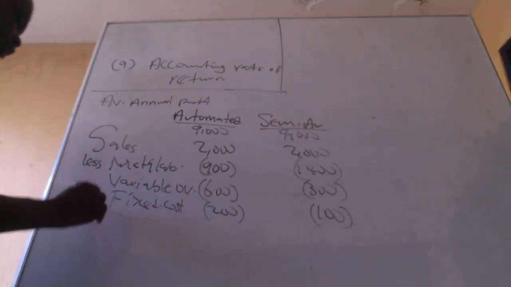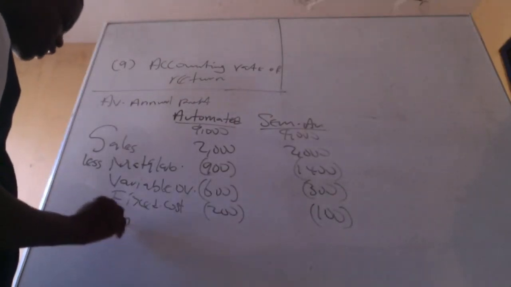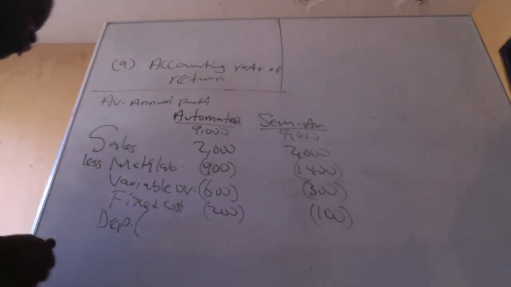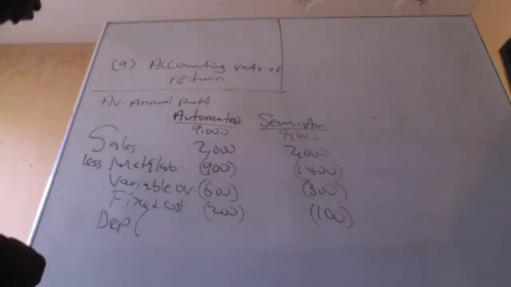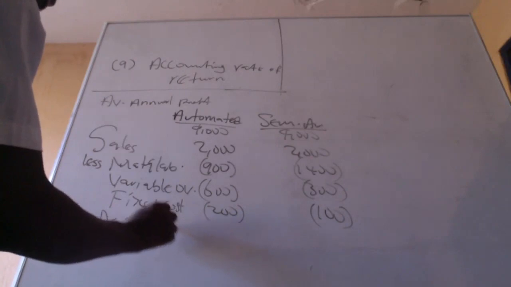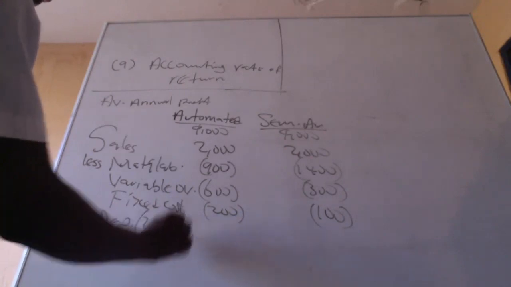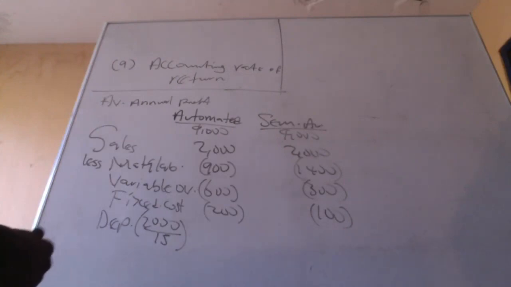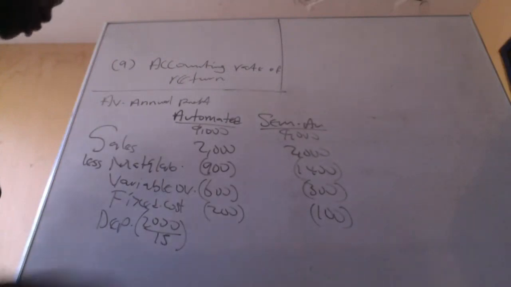Now let's go to depreciation. Depreciation for that of automated is going for 15 years. So to be 2,000 divided by 15. For that of semi-automated, why 2,000?